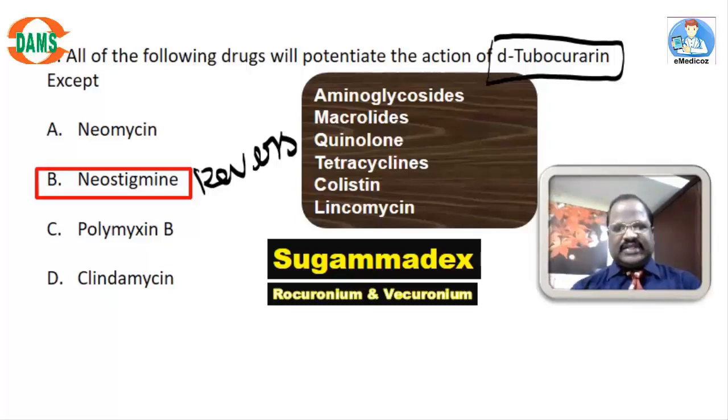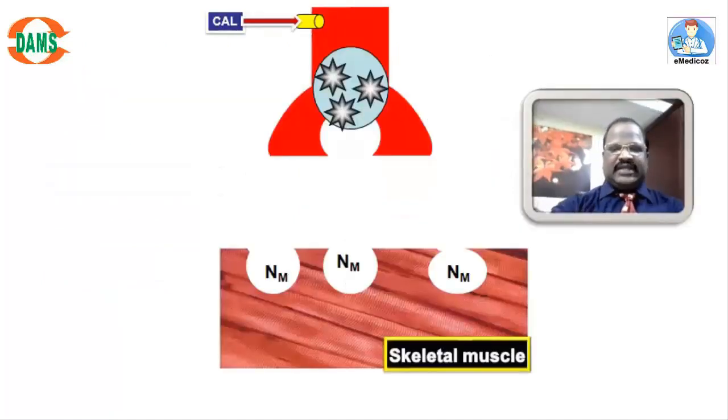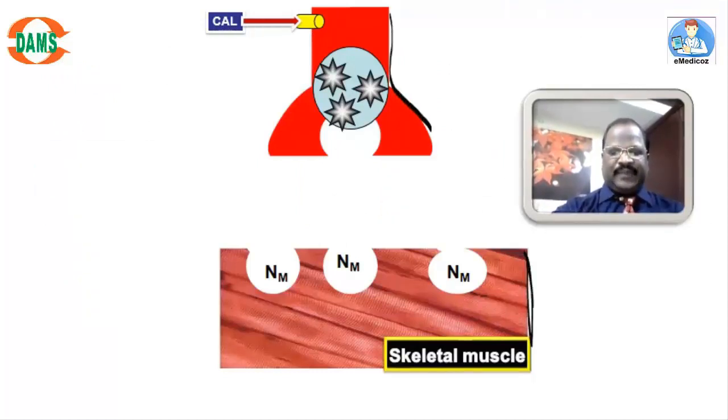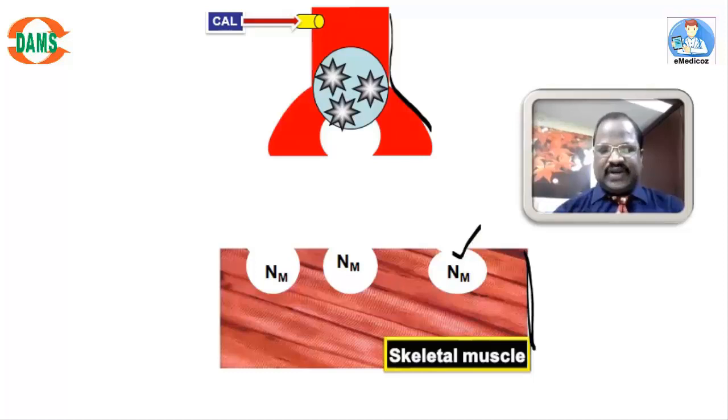How are these drugs causing muscle relaxation? For example, look here. Imagine it's a cholinergic neuron and imagine it's a skeletal muscle. In the skeletal muscle, we have a cholinergic receptor called the nicotinic receptor NM. Here N stands for nicotinic receptor and M stands for skeletal muscle. So the cholinergic receptor seen in the skeletal muscle is the NM receptor. And look at the neuron.